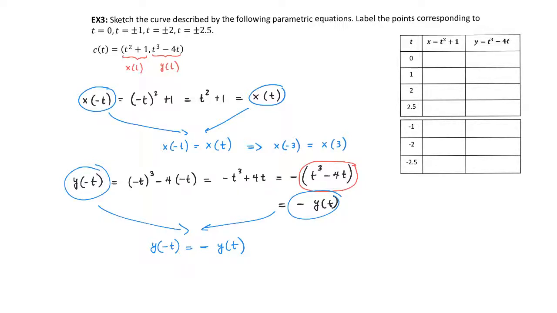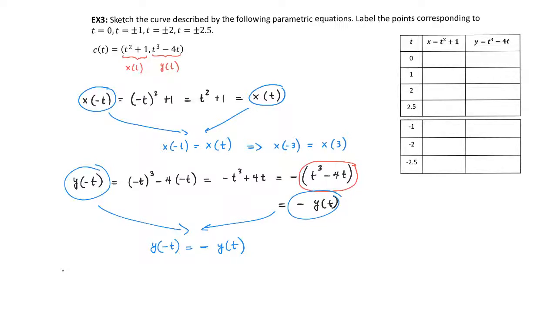So this graph will be reflected about the x-axis. It's going to exhibit symmetry about the x-axis. So the portion above the x-axis should match up nicely with the portion below the x-axis if you imagine folding a sheet of paper about the x-axis. So we should expect to see that.